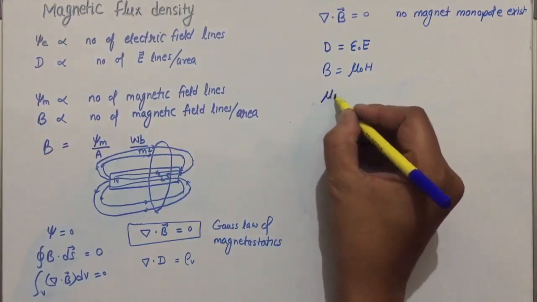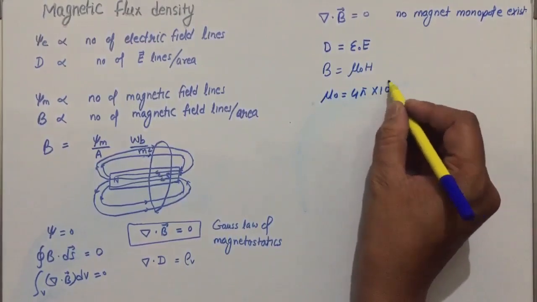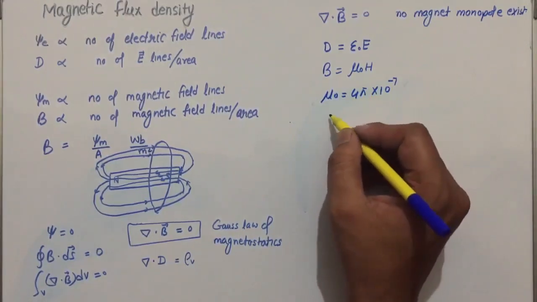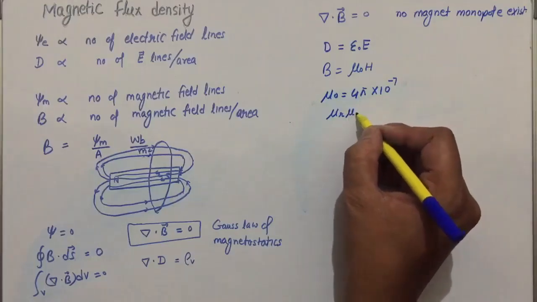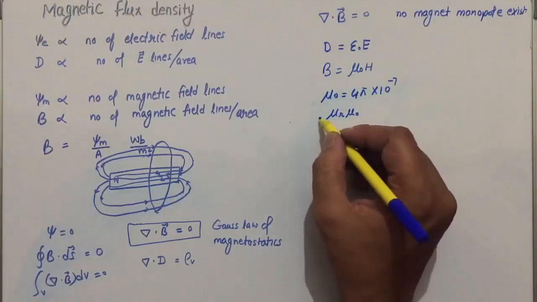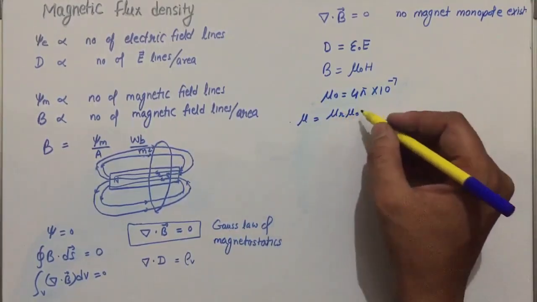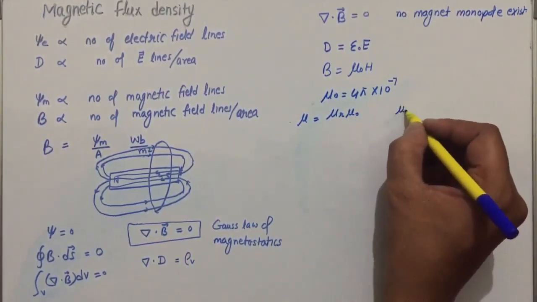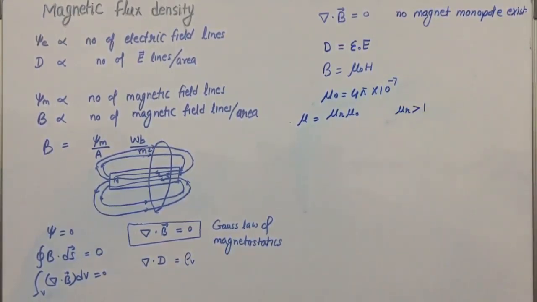The value of mu naught is 4 pi into 10 to the power minus 7, that is for free space, and for any medium it is written as mu r mu naught, whereas it is written as mu. Here mu r is the relative permeability with respect to free space, where mu r is always greater than 1 other than for free space.